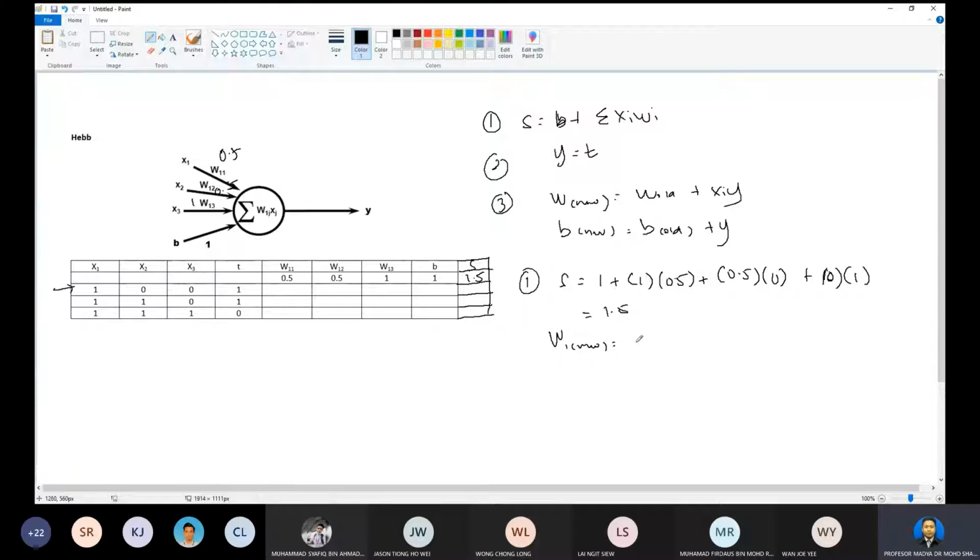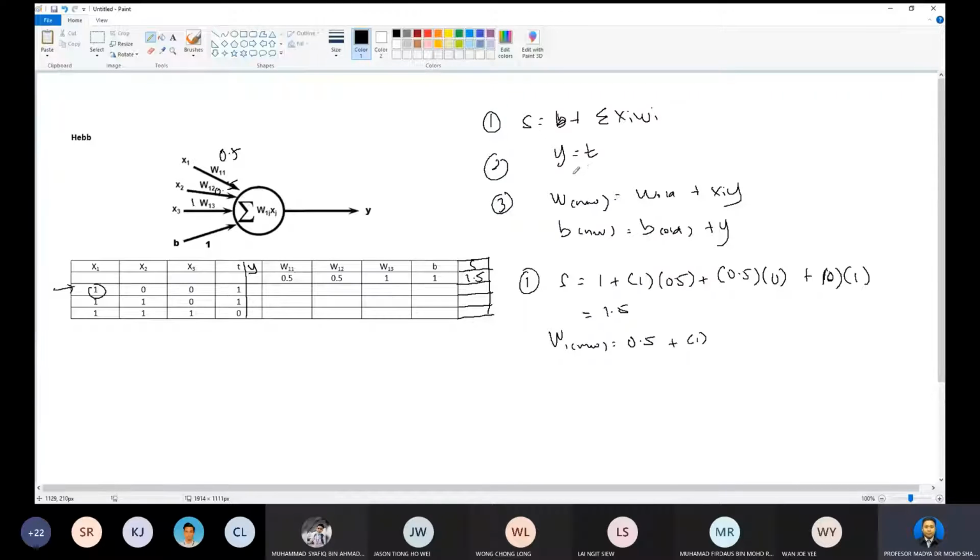Okay, weight 1 old is 0.5, plus x1 here. X1 is 1. Y equals t, or maybe you can put another column here, equals to y.